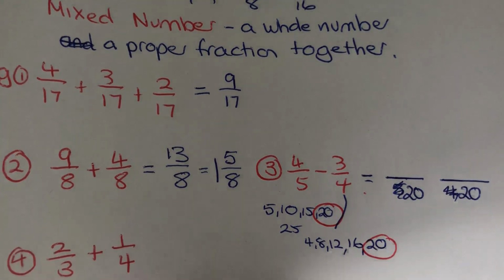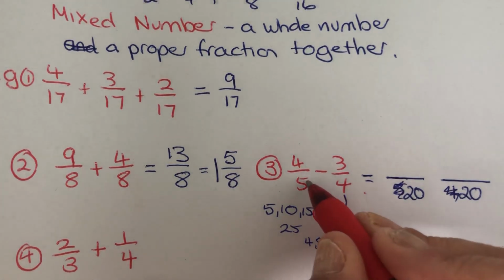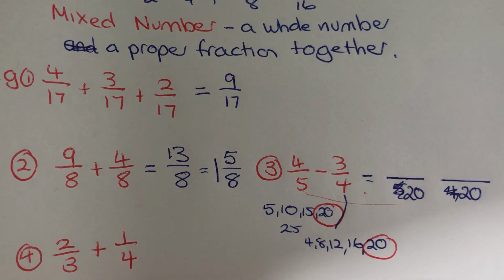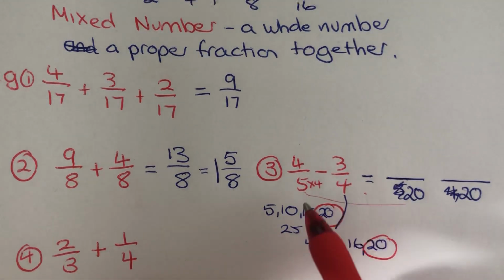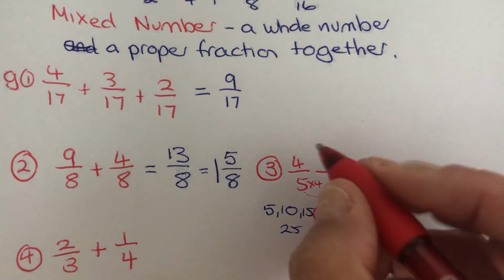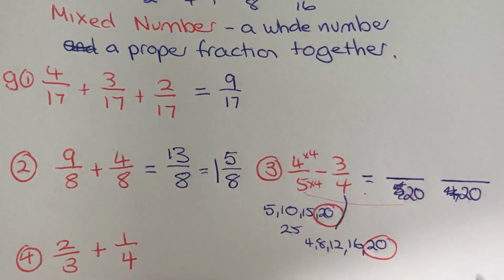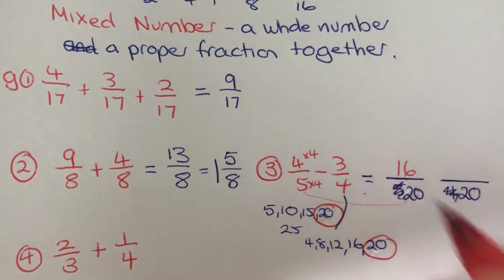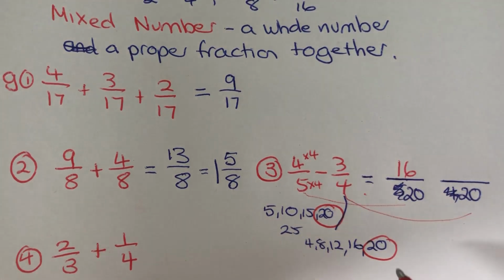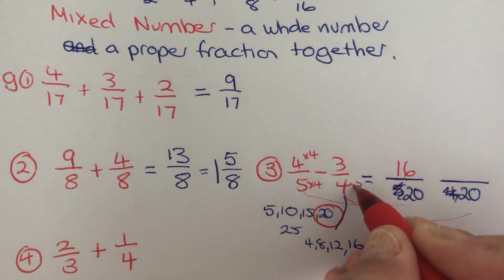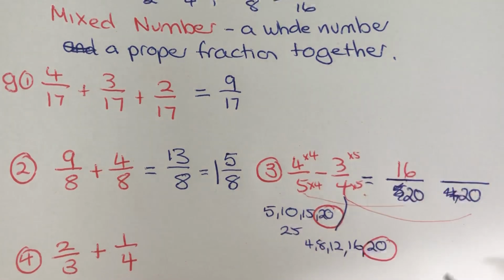Now we have to work out how we get from 20. So over here, how did you get from 5 to 20? You multiplied by 4. So what you do to the bottom here, you have to do to the top. So we're going to go 4 times 4 is 16. And now this one, how did we go from 4 to 20? We multiplied by 5 to get 20.